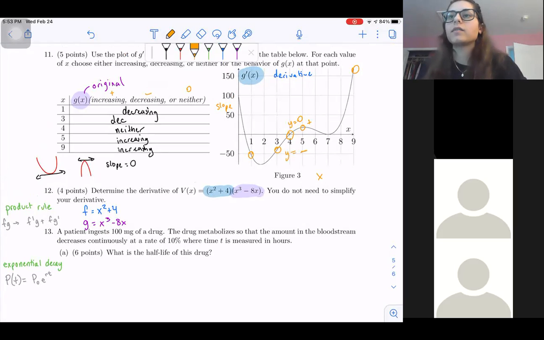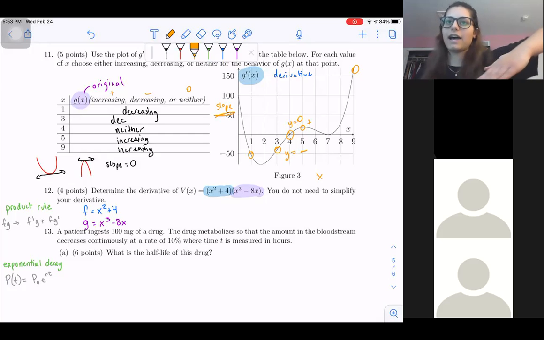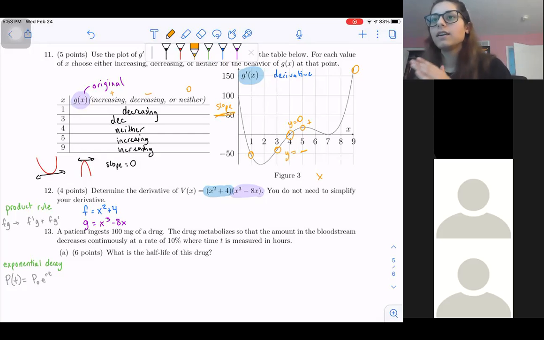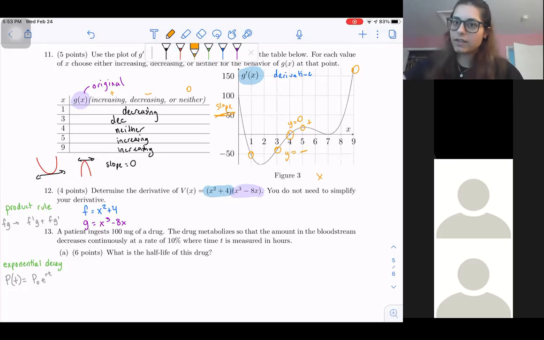And we know that when our slope is negative, because the y of the derivative graph is slope, the original function is decreasing. When you have a negative slope, it's going down. So we're not looking at whether the derivative graph is going up or down. We're looking at, is it negative or positive? Everything above this line is positive, everything below is negative.